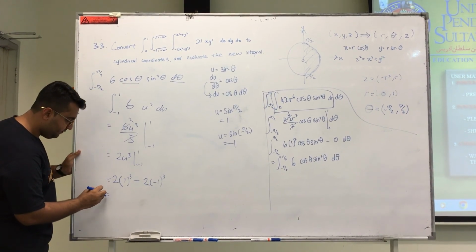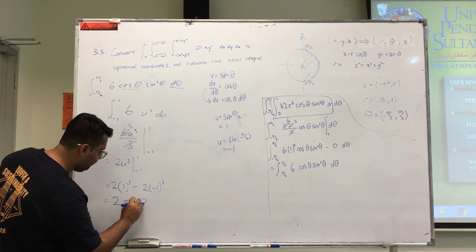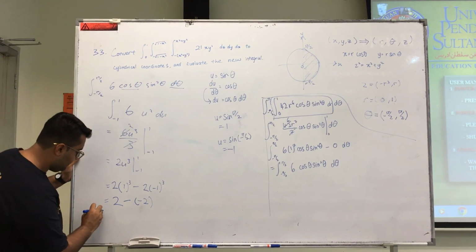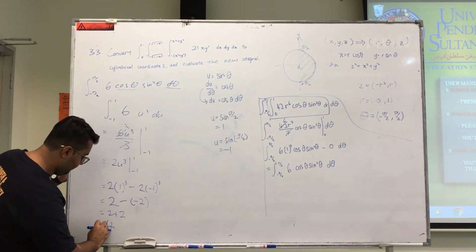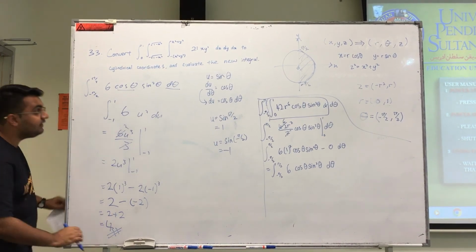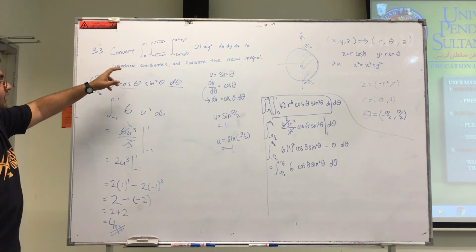At here we get 2 minus negative 2. 2 plus 2 we get 4. So we got the final answer. 4 is the new integral when we change this coordinate to cylindrical coordinate.